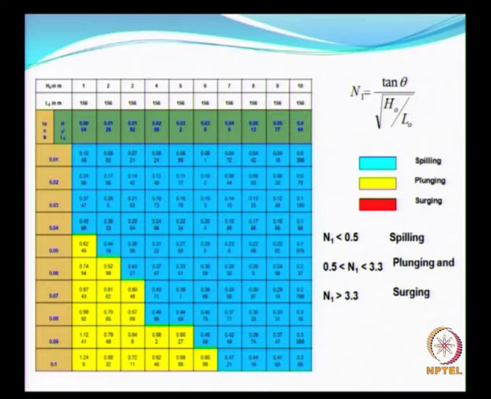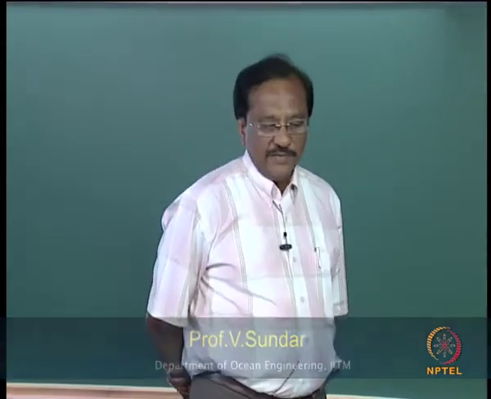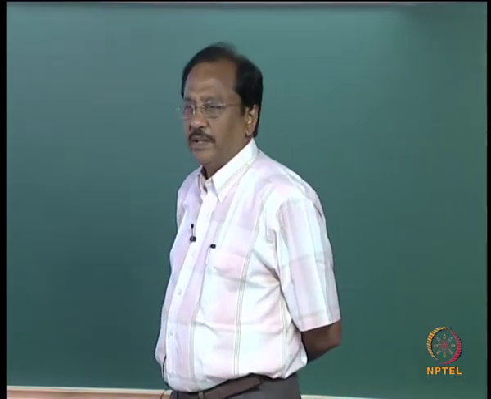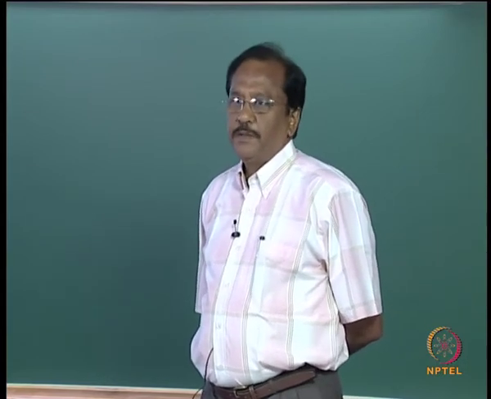So, you see that there is a wide range of wave heights and beach slopes for which the breaking will be spilling. So, in general you can say spilling is most frequently occurring compared to the other, and even plunging to some extent.